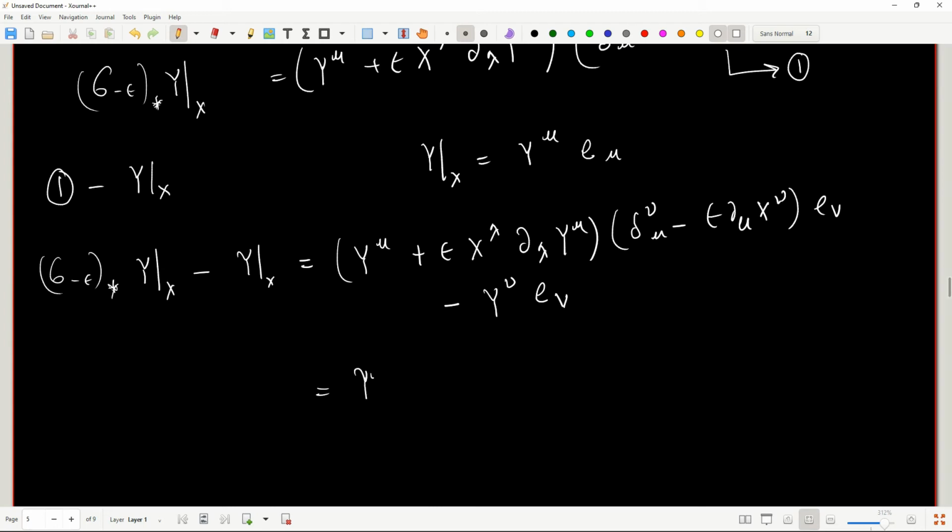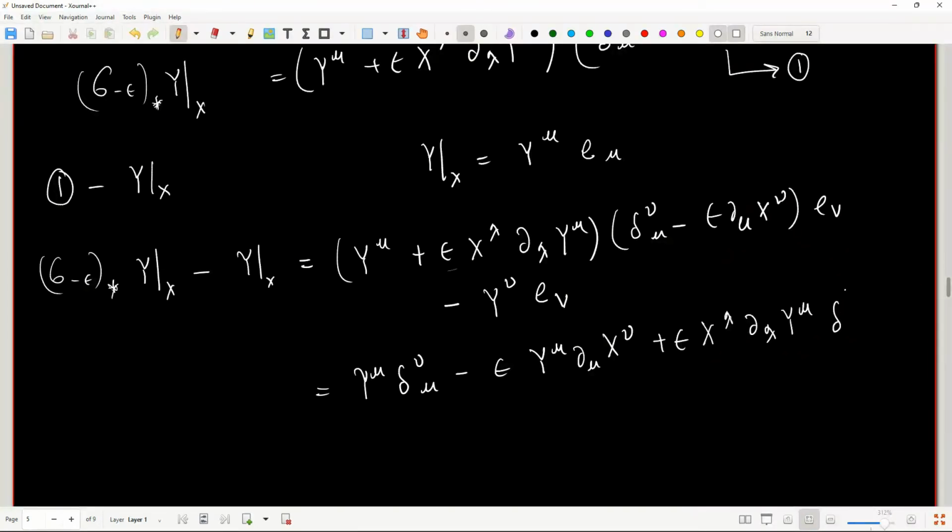So this is just y mu delta nu mu minus epsilon y mu partial this, then we have this epsilon term, epsilon x lambda del lambda y mu.